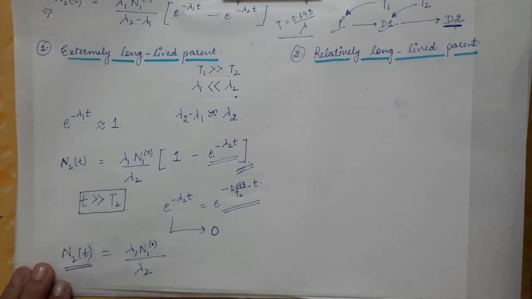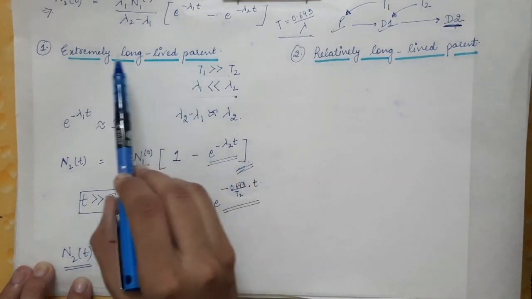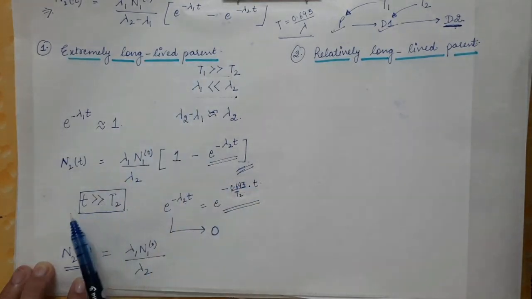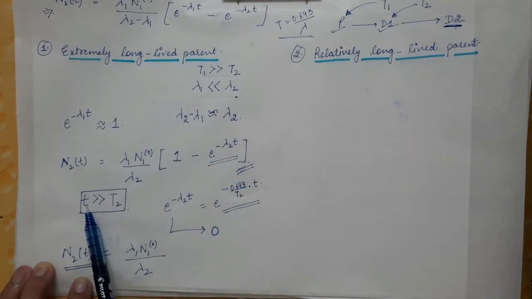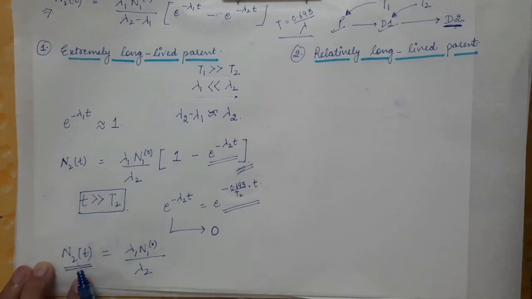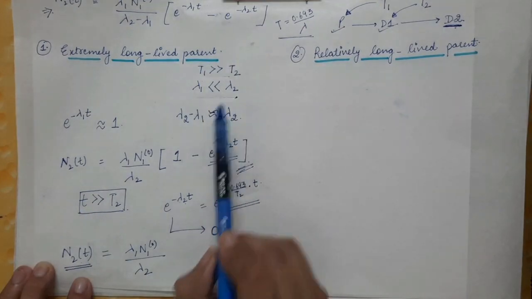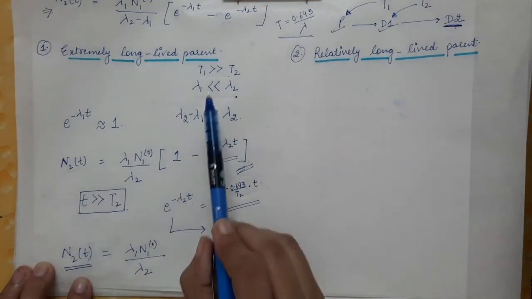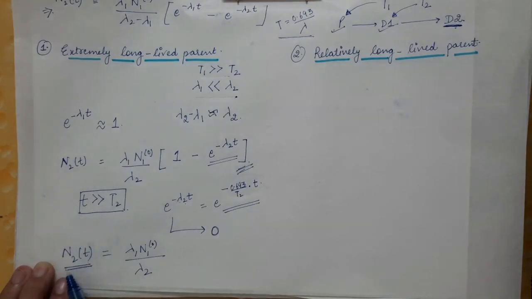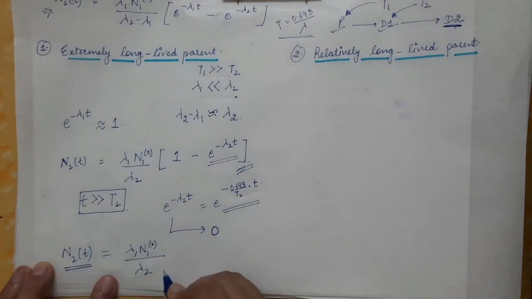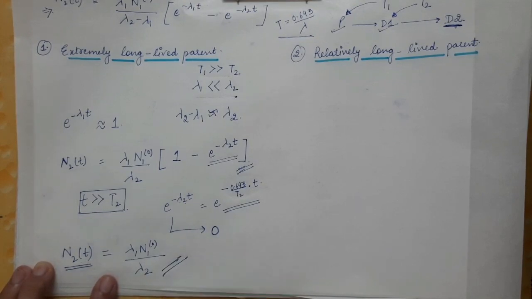So the number of first daughter nuclei in the sample, when the parent nuclei is extremely long lived and the time at which we are observing is very much greater than T2, clubbing these two conditions, the number of daughter nuclei in the sample becomes constant. So this is equal to λ1 N10 over λ2. This is a constant value.